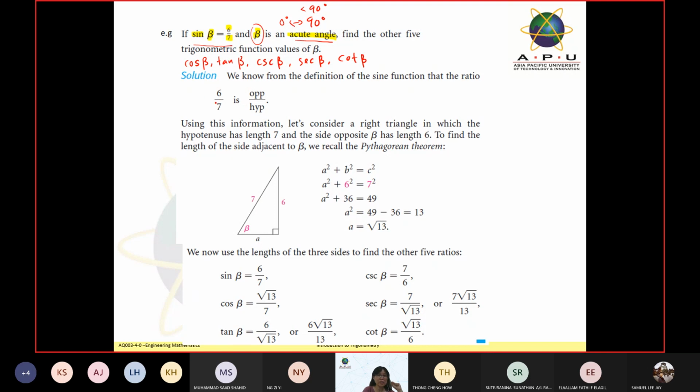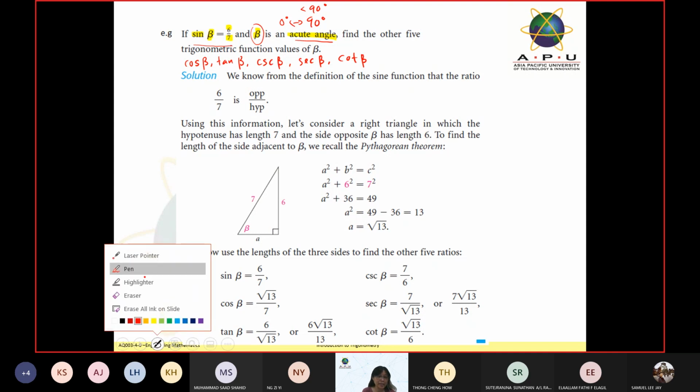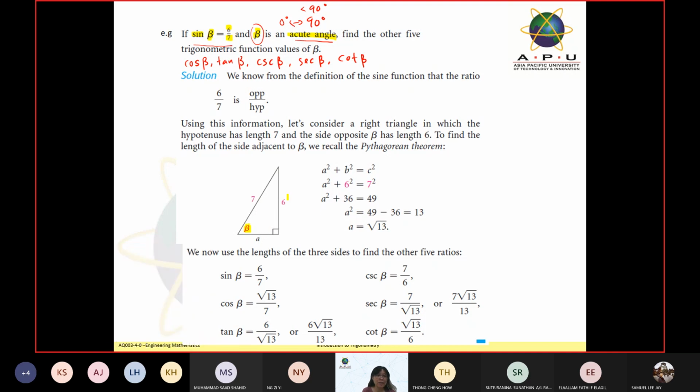As we know, sine beta is opposite over hypotenuse. So we draw a right angle triangle as we can see right here. This is beta, so we label opposite over hypotenuse.